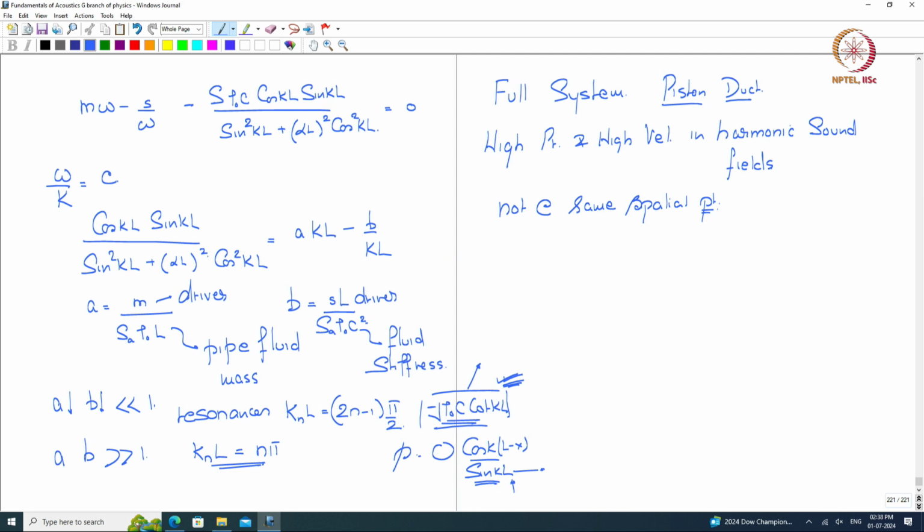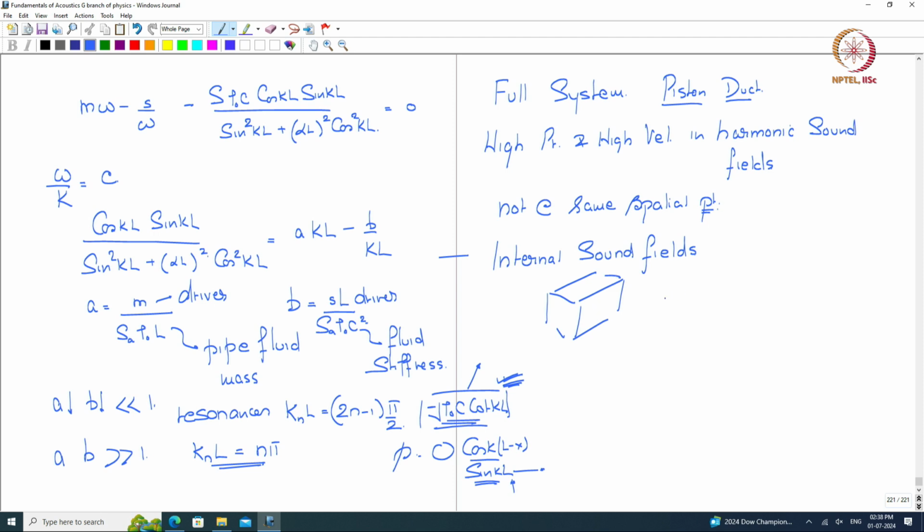I brought this up also because of internal sound fields. When you have internal sound fields, in pressure you have, let us say, a rectangular box, rigid walled.